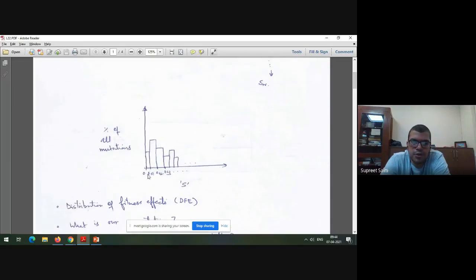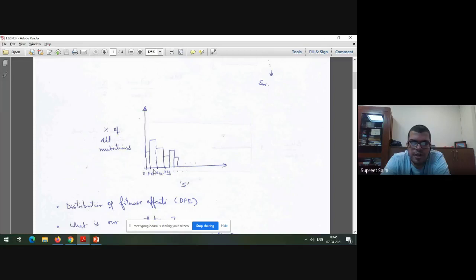We are going to draw bins here, and ask how many of these thousands of beneficial mutations had a selection coefficient between 0 and 0.01. Of these thousands tested, maybe I'm making stuff up here, but maybe 15% had a selection coefficient between 0 and 0.01.